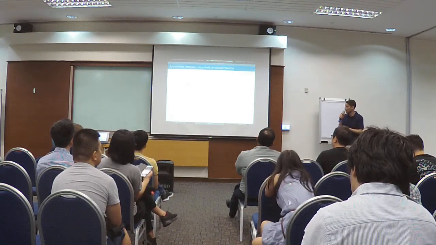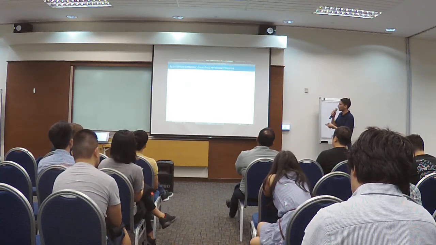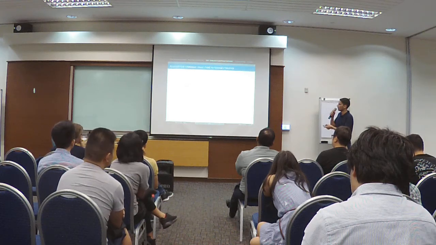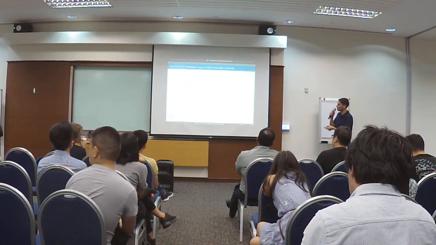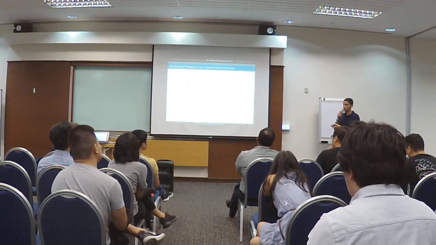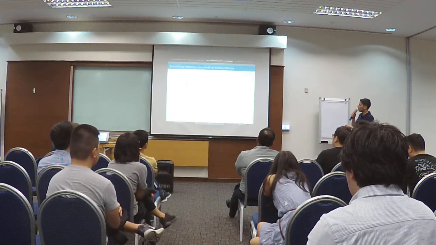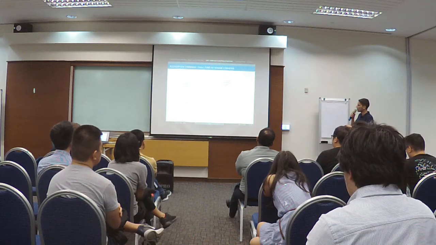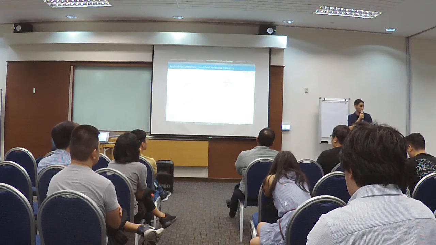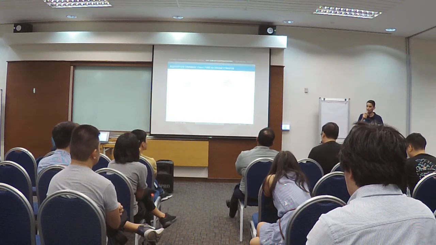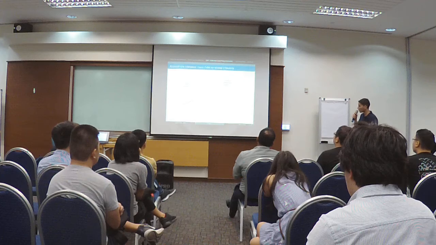Here the red distribution represents the intractable posterior that I just showed you. The idea is to approximate this intractable posterior with a simple but tractable distribution, which is called the variational distribution.